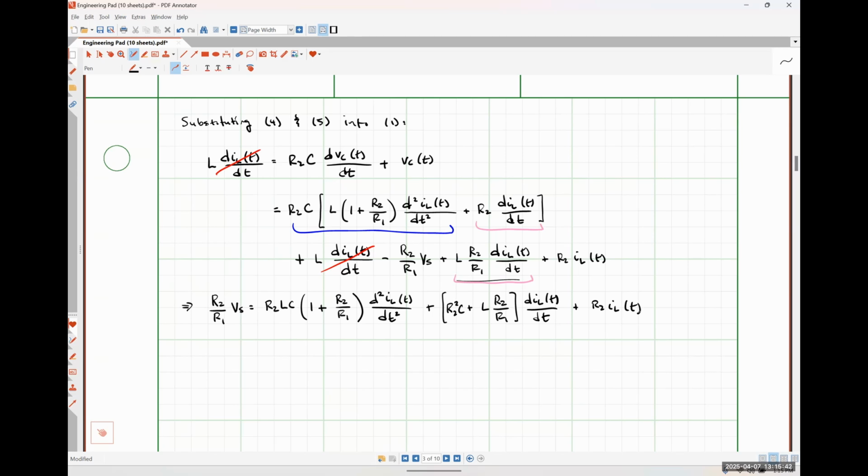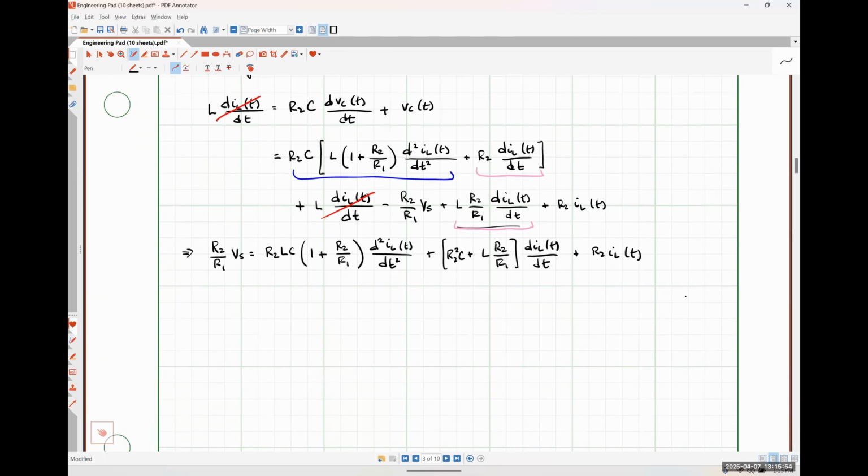So the next thing that I would do is divide both sides through by that factor of R2 LC multiplied by 1 plus R2 over R1. And so that would look something like this.